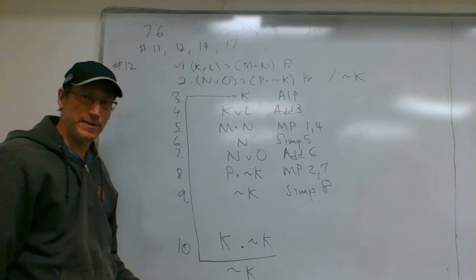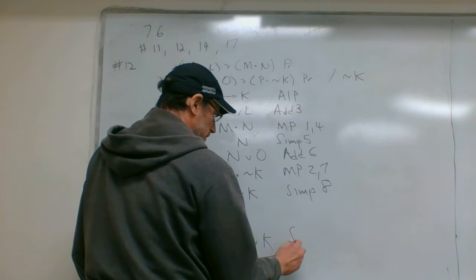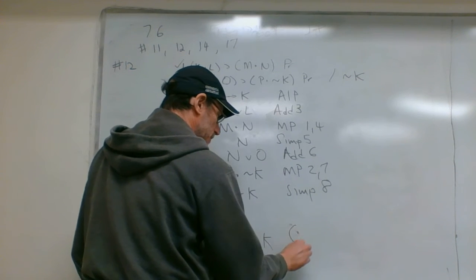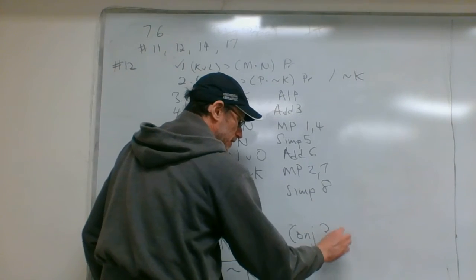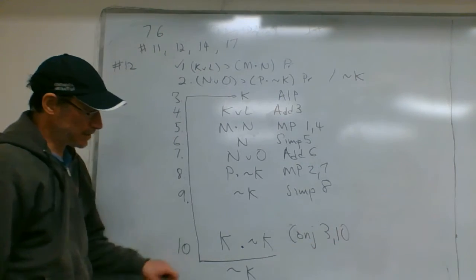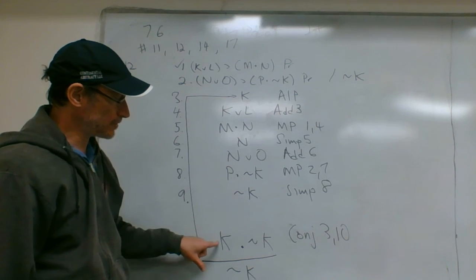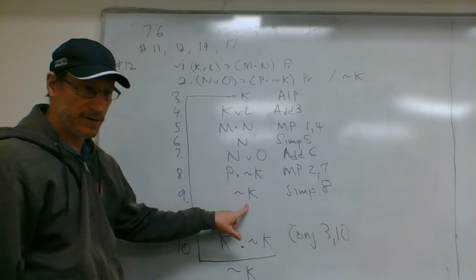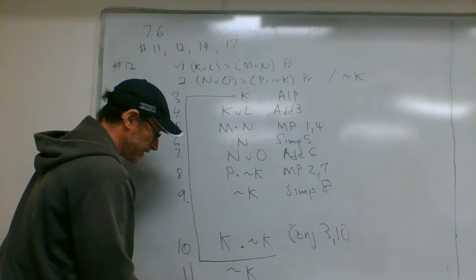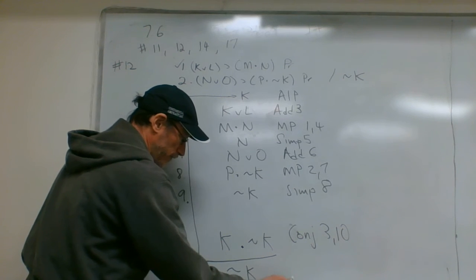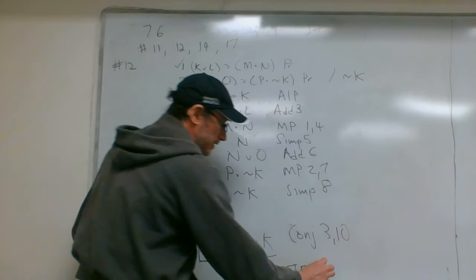This may sound a little bit bizarre that we have K and not K as our contradiction, but this is conjunction on 3 and 10. And that's no problem, meaning by that the fact that you have the very thing you assumed here turned out to be the thing that contradicts this thing over here. It's opposite. And therefore I say 11, I found a contradiction, and therefore I'm going to say indirect proof on steps 3 through 10.